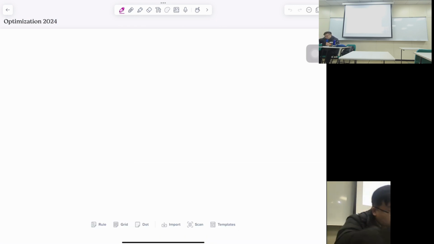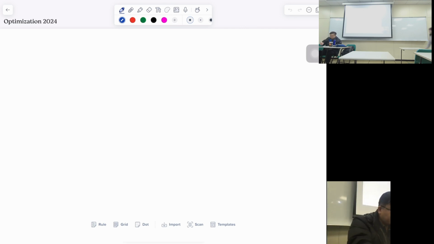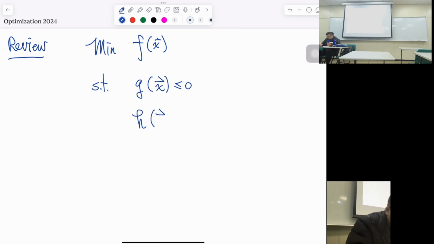Okay, so let me give you a little review about last time. We want to minimize a function subject to several constraints. So this is the objective function.